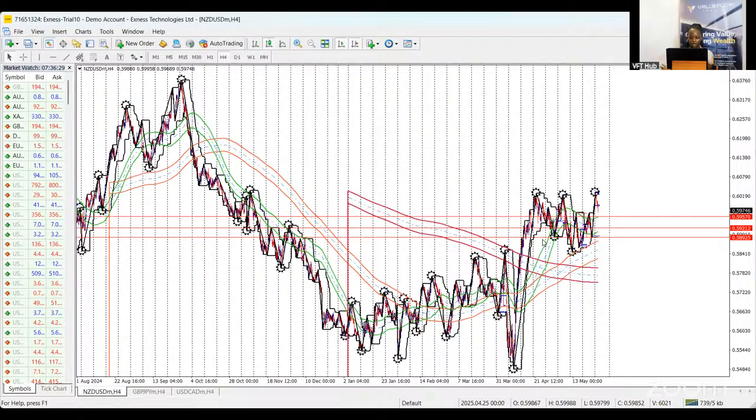Price is already doing that. But we're now saying that when price retraces into these levels, we should either see one of two things, of course, as the market always does. Either we see NZD-USD continue to buy after finding support at these different levels, or it is going to break below these levels and continue to the downside.